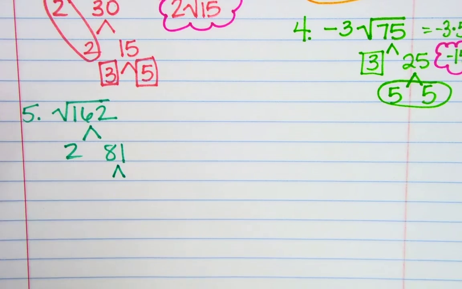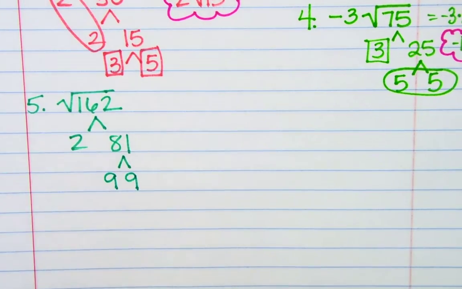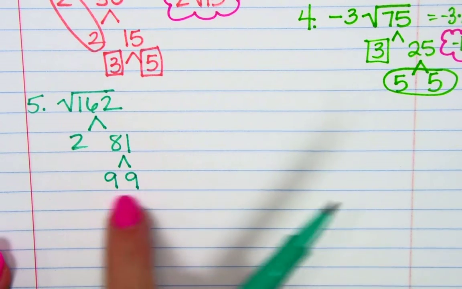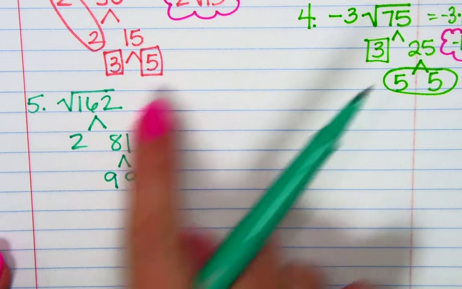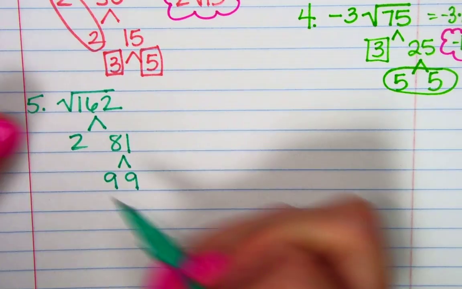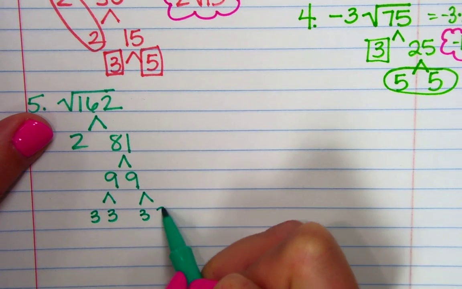Okay, 81 is what times what? 9 times 9. Now, you might have said, okay, I have a pair right there. You could take that pair of 9s and put it outside, and then put the leftover 2 inside. Or maybe you went on and got 3 times 3 and 3 times 3.